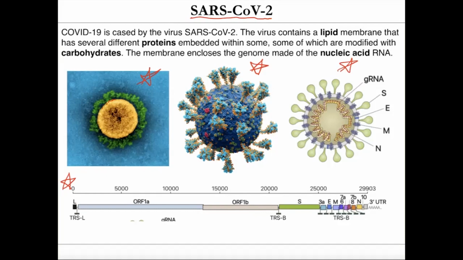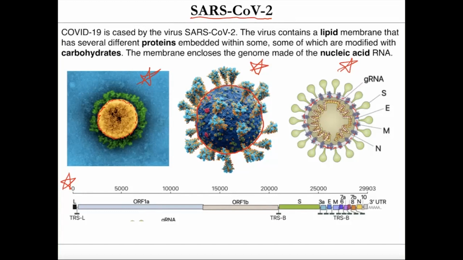So it actually has a lipid membrane in this region here. Outside of it are proteins, and inside is where the genome is held. This whole region here in blue is actually made out of a lipid bilayer, and that's designated in this picture right here in gray.